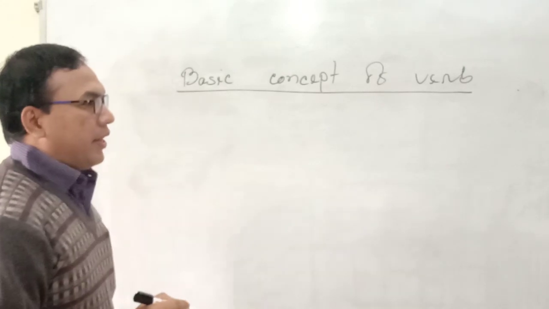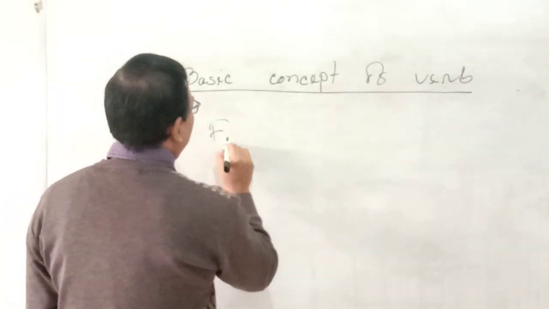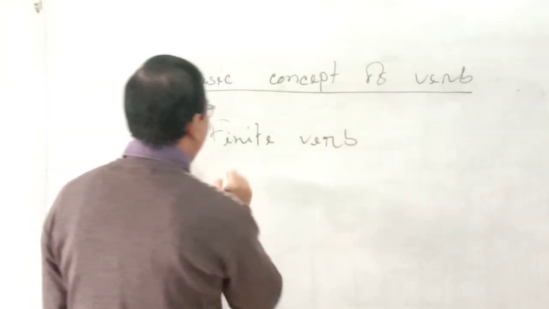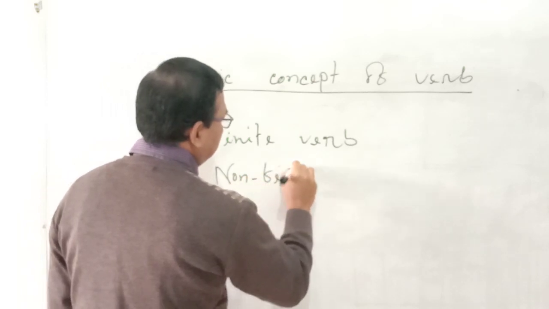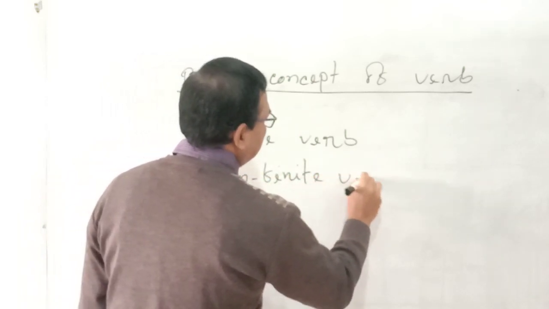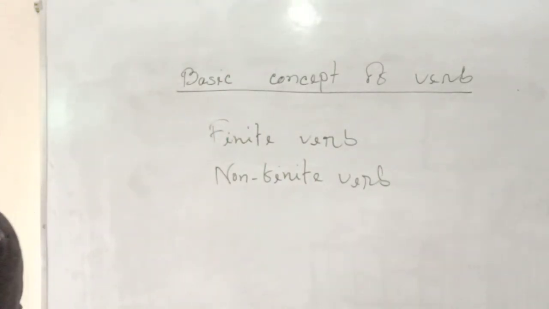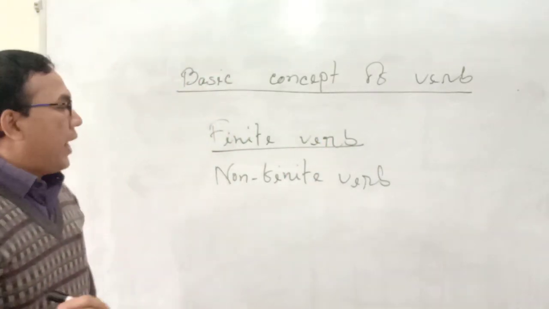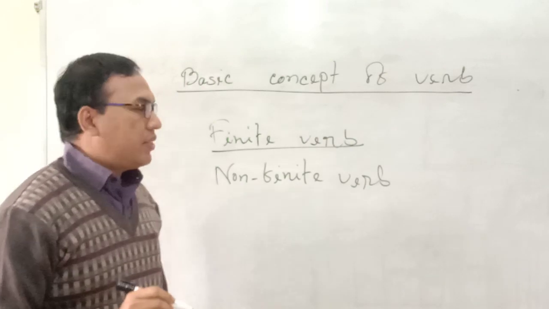Verbs can be classified into two types in this way: finite verb and non-finite verb. A finite verb can alone express a complete sentence.